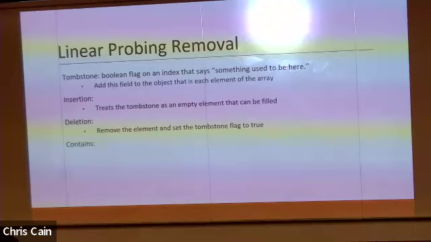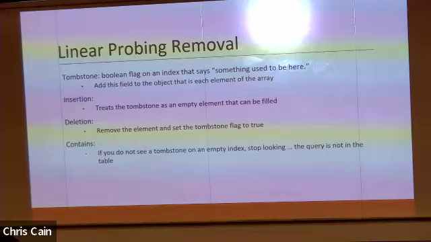How does contains work? If you're looking for an element, you're doing a get for a particular element or contains. If you do not see a tombstone, then you stop looking. And that just means that nothing used to be there, just like with the removal.